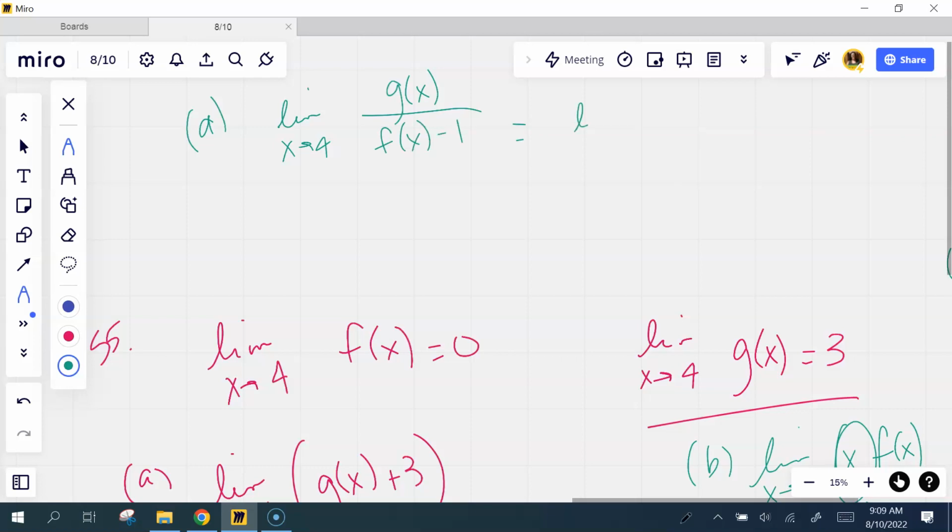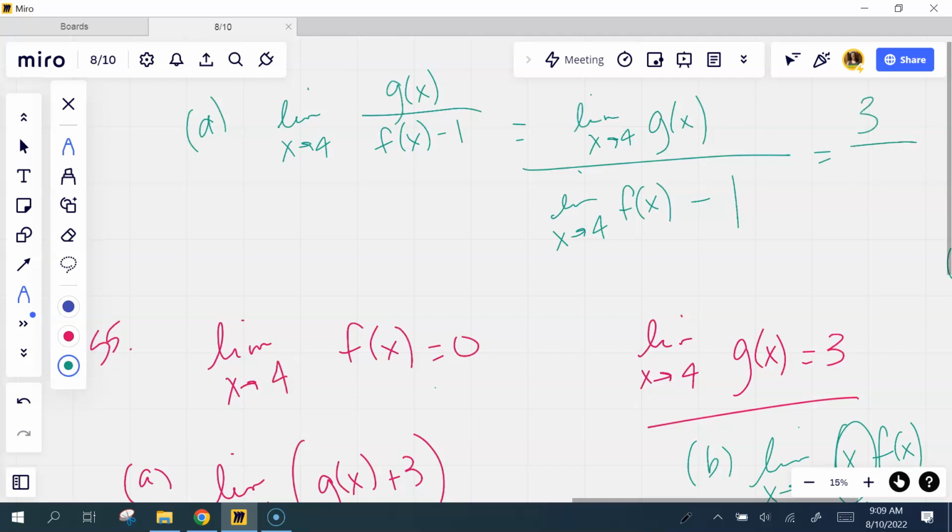So I'm going to do this as the limit of g of x over the limit as x approaches 4 of f of x, and from that I'm going to subtract 1 because the limit of the constant is the constant itself, and then I just plug in. So I've got 3 over 0 minus 1, which is negative 3. Does that make sense?